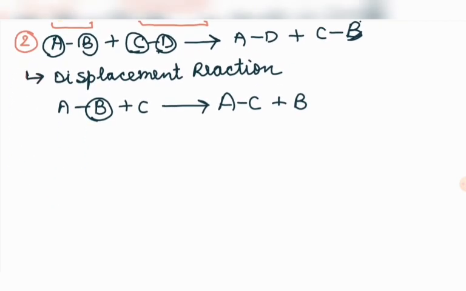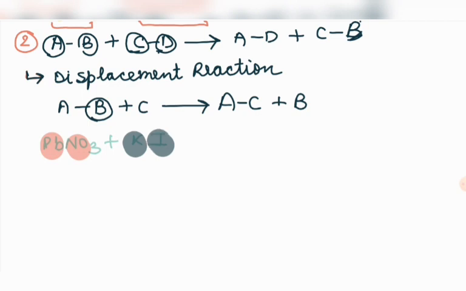Now in our case, what do we have? In our case we have the reaction as Pb(NO3)2 plus KI. Now you can see that there are two things, Pb is there and NO3 is also there, and here we have K as well as I. The two things are already there.